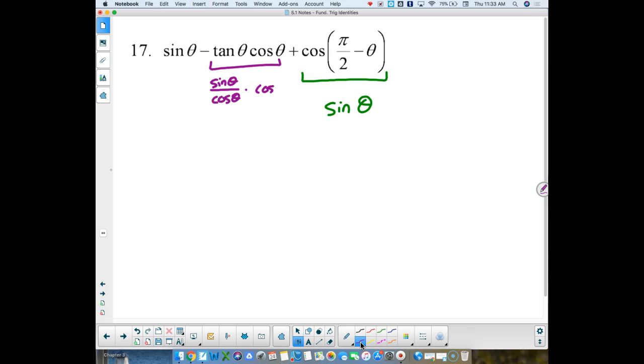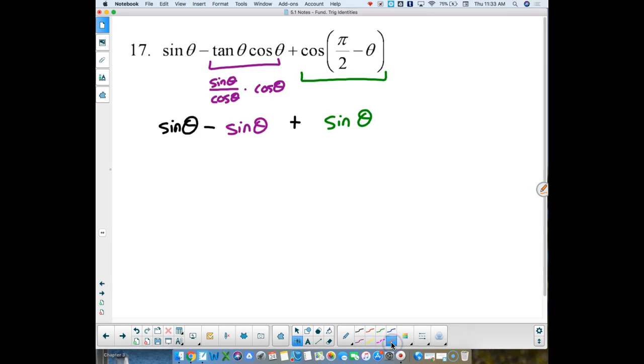Times cosine of theta means that that one is just sine of theta. I'm going to bring this one down just a little bit more. Then this one is just sine of theta minus sine of theta plus sine of theta, which is just sine of theta.